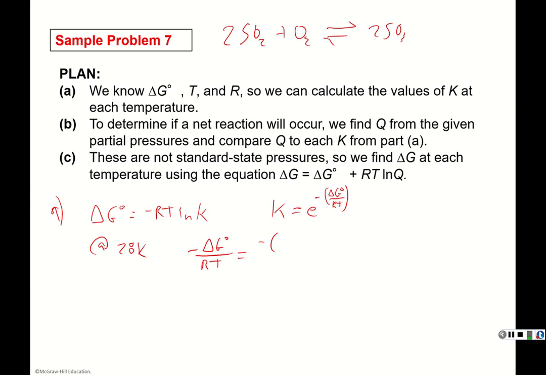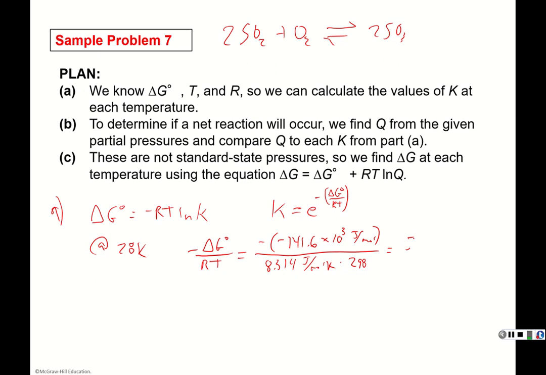We're given from the previous page a delta G naught of minus 141.6 kilojoules, which would be 141.6 times 10 to the 3 joules per mole. Divide that by 8.314 joules per mole Kelvin times 298.